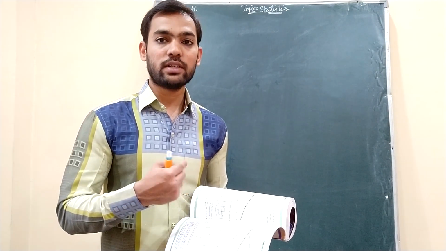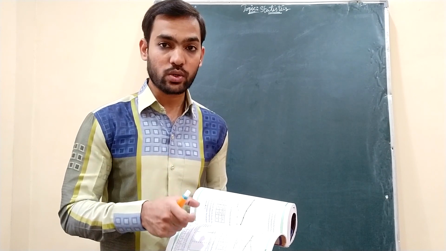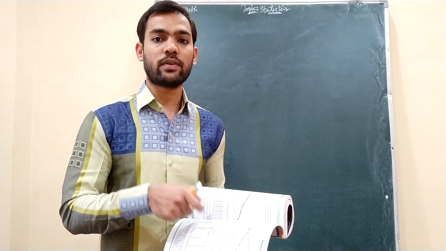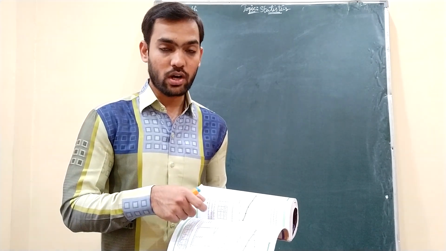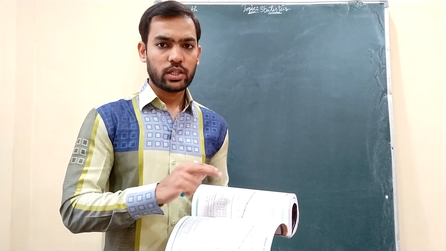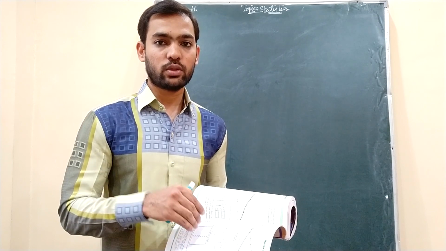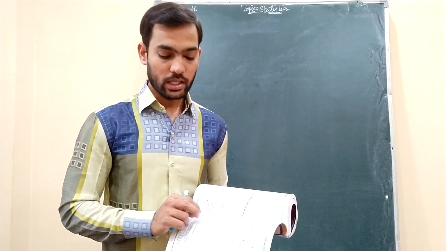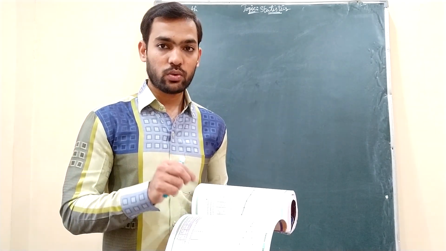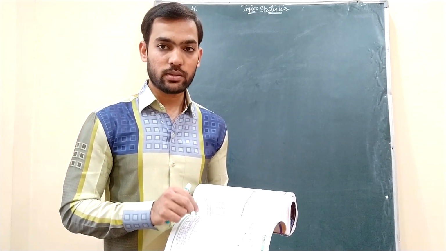We need to convert it into a frequency distribution also, because he asked you to verify the median using the formula. If he had not asked that, you need not convert this table into a frequency distribution. This table was sufficient to draw the less than type ogive. But we also want to verify the median using the formula.